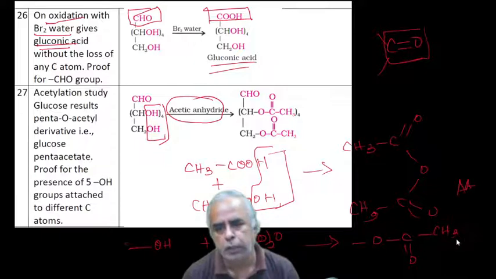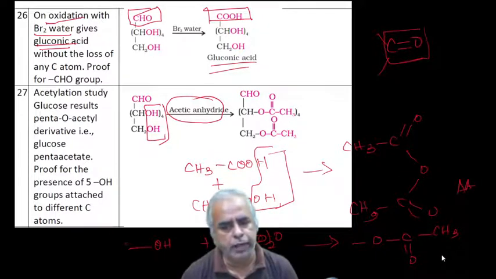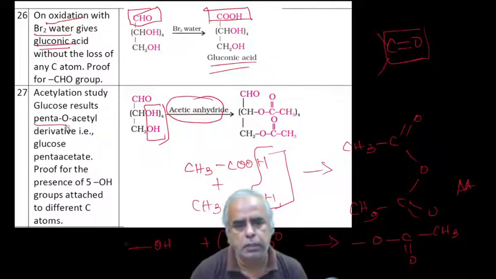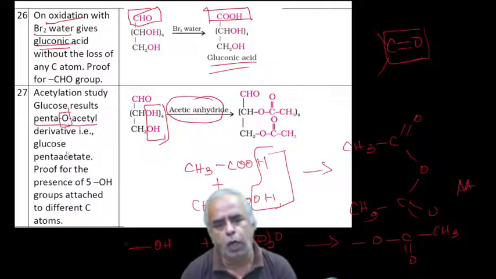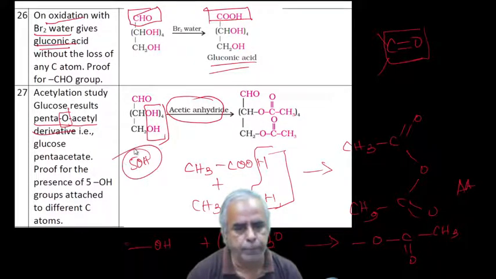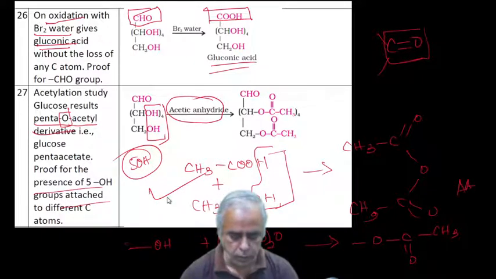This is called the acetyl derivative. You get the acetylation product by treating with acetic anhydride. So we get the penta-O-acetyl derivative, called penta-O because the acetyl is formed through oxygen. That indicates the presence of these 5 OH groups. Is it clear? That is another important point to be noted. Okay, please take down.